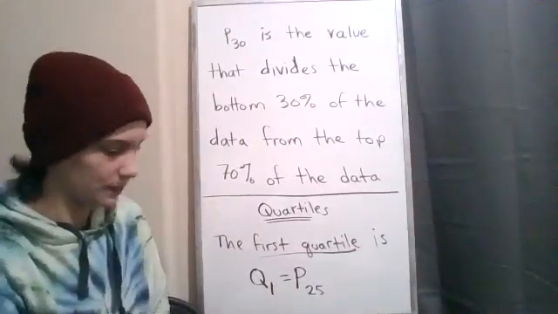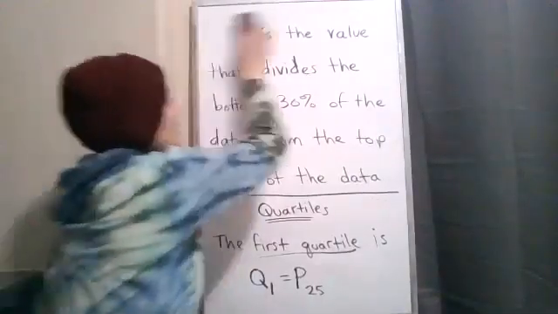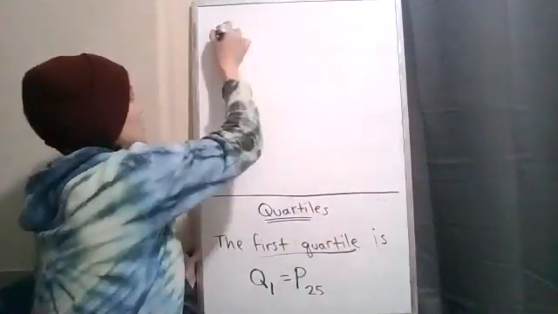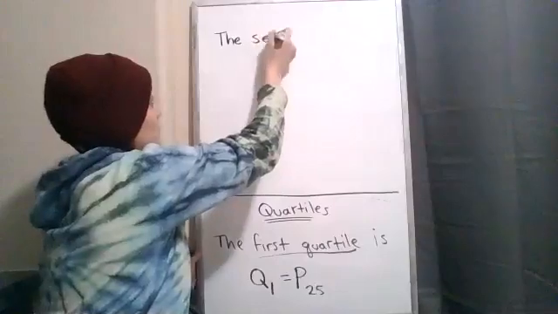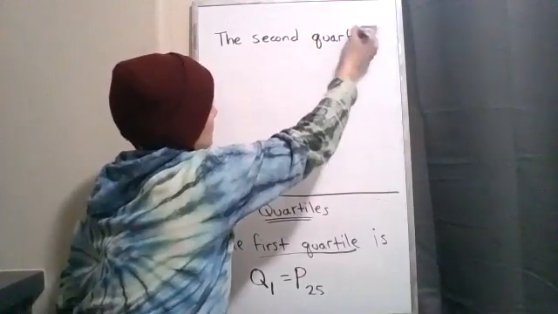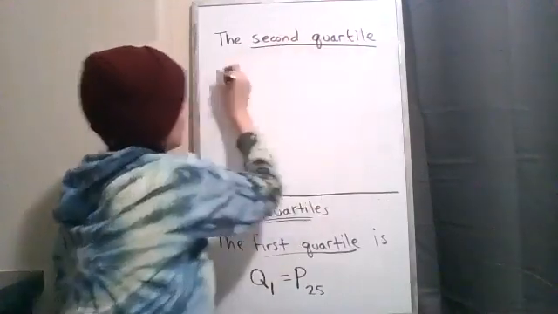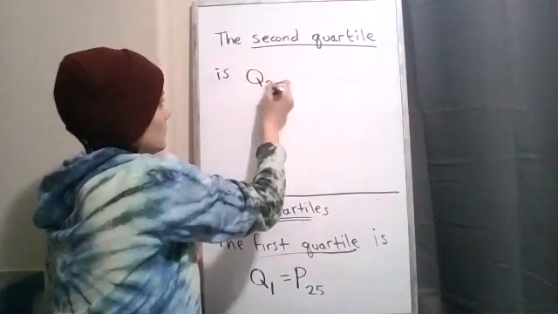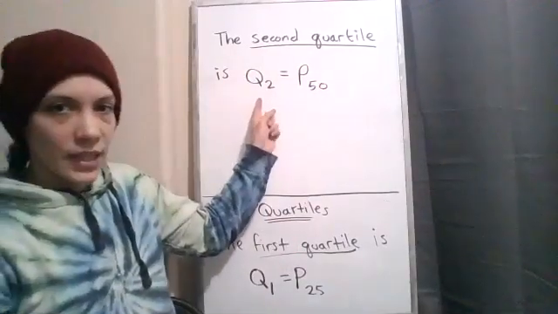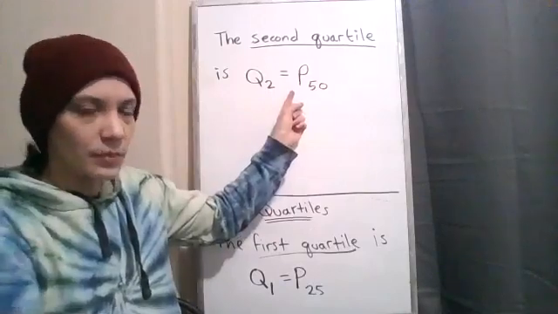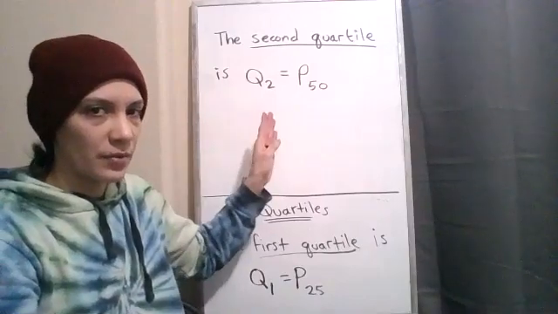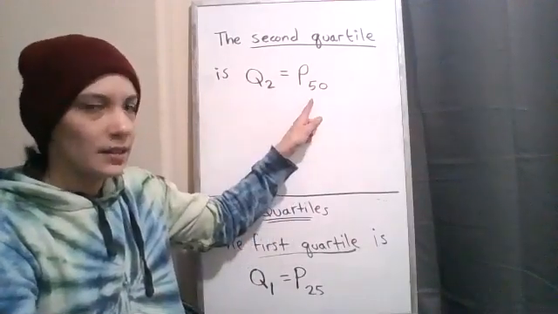The second quartile is Q sub 2, which is P sub 50. So this divides the bottom 50% of the data from the top 50% of the data.